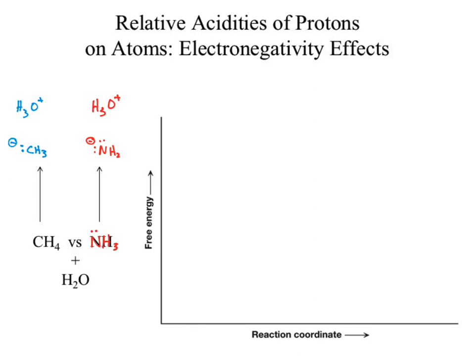Which of these reactions is more likely to occur? NH3 to NH2 is more likely to occur. Why? Because it is a more electronegative element, and so it's more comfortable stability. We're referencing these acting as acids, so we look at the stability of our conjugate base.